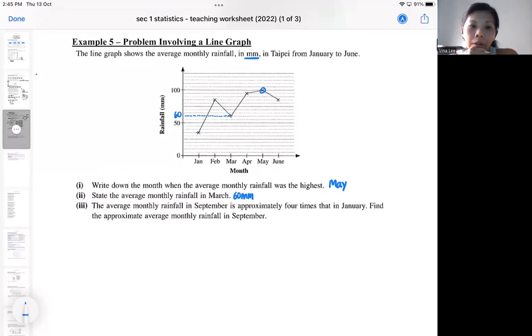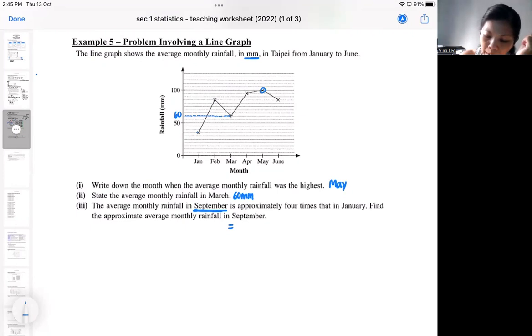And then the last part, the question is asking you something about the average rainfall in September. September is actually not on the line chart at all. But we know that it's going to be 4 times more than January. So we would like to calculate the average monthly rainfall in September.